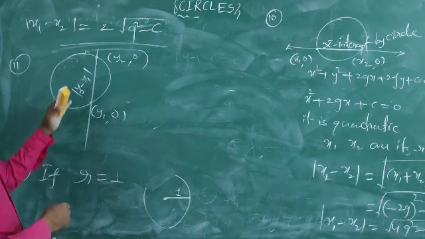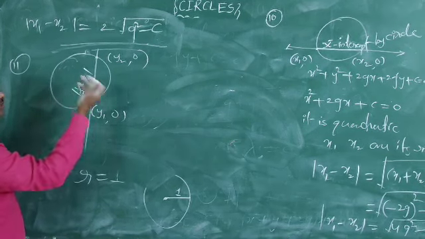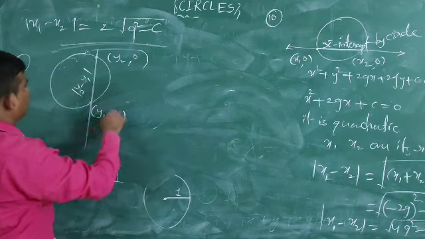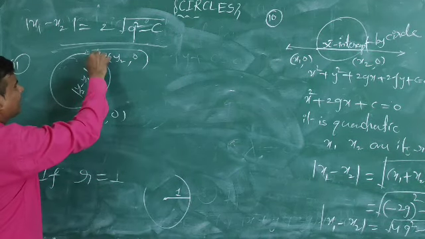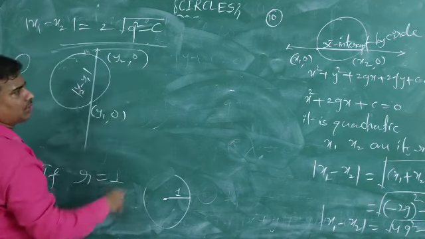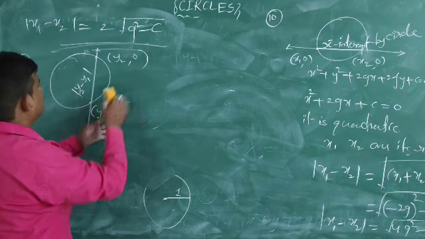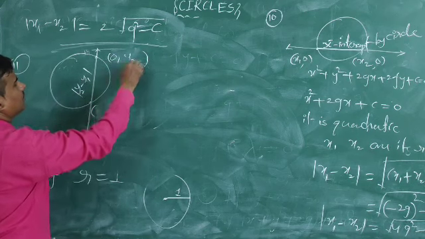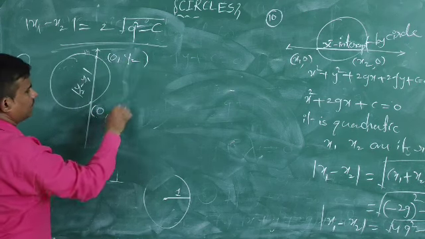Sorry, the points on the y-axis are in the form 0 comma y2, 0 comma y1.